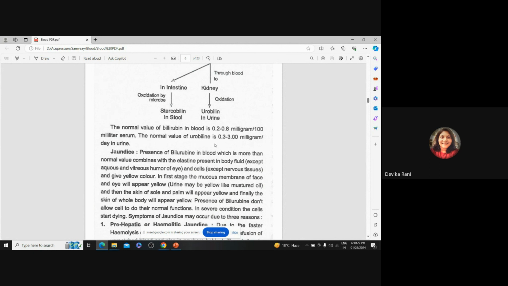Now, something which is written over here is serum. You notice serum is mentioned over here. Normally in a blood test, blood serum is taken. And what is serum? Serum is blood plasma without the fibrinogen. We had read earlier that plasma contains fibrinogen, which helps in clot formation.